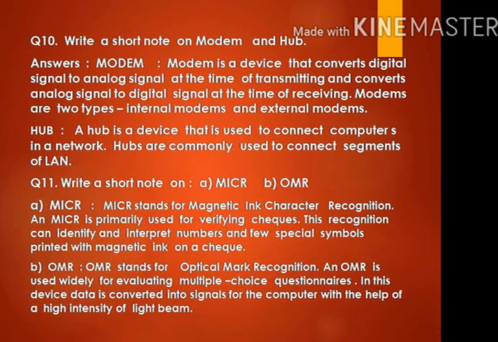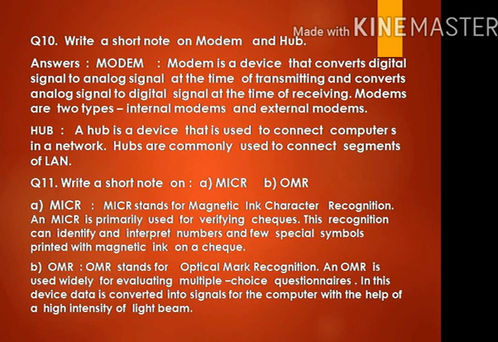Question number 10. Write a short note on modem and hub. Answer. Modem. A modem is a device that converts digital signal to analog signal at the time of transmitting and converts analog signal to digital signal at the time of receiving.